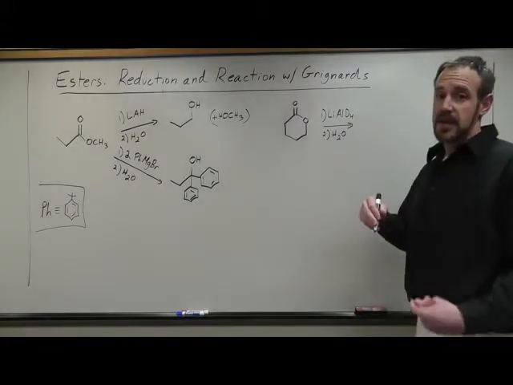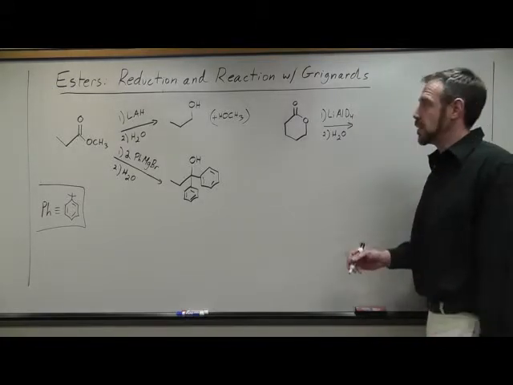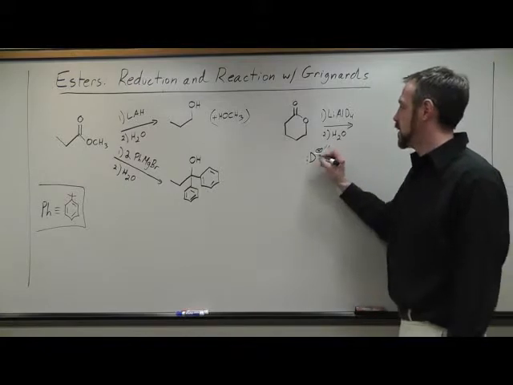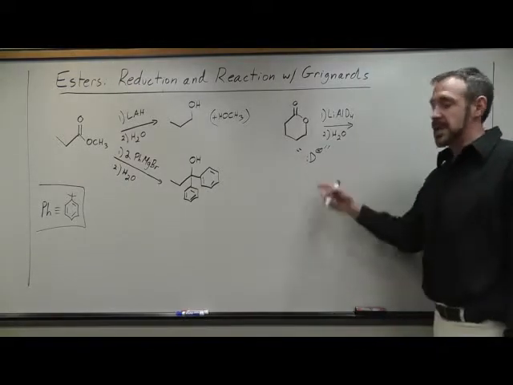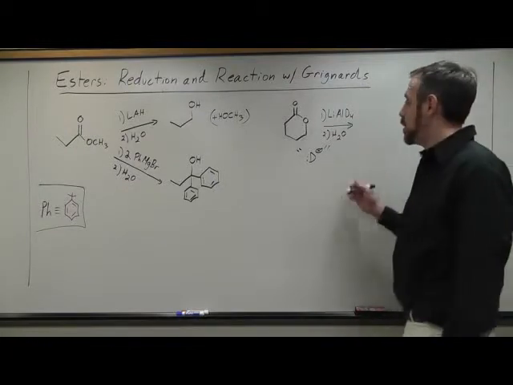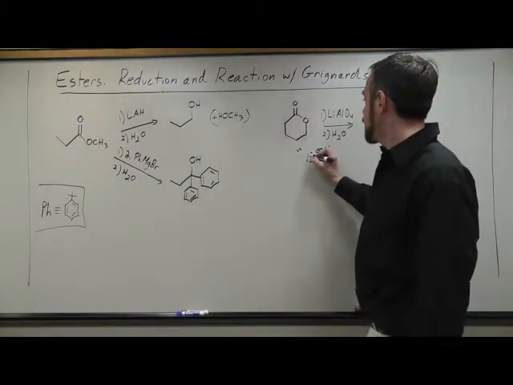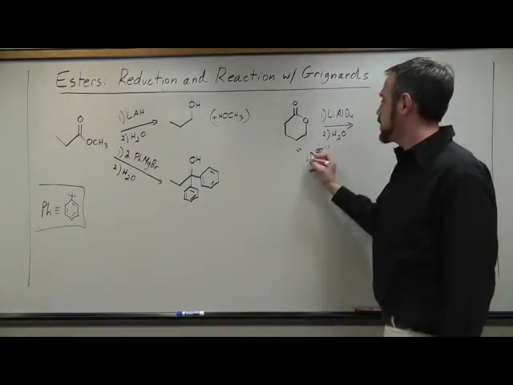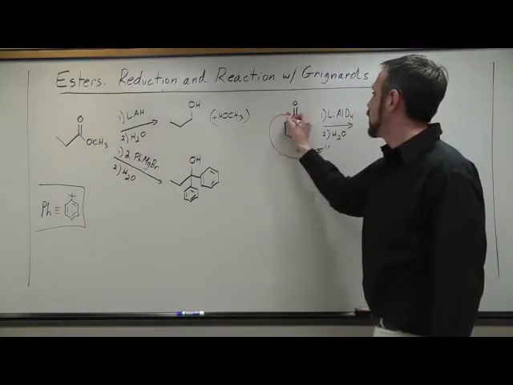In this case, instead of having an equivalent of hydride, we'll have an equivalent of deuteride, which would be D minus. And it doesn't act on its own, it's still bonded to the aluminum. And so it can come in and attack.